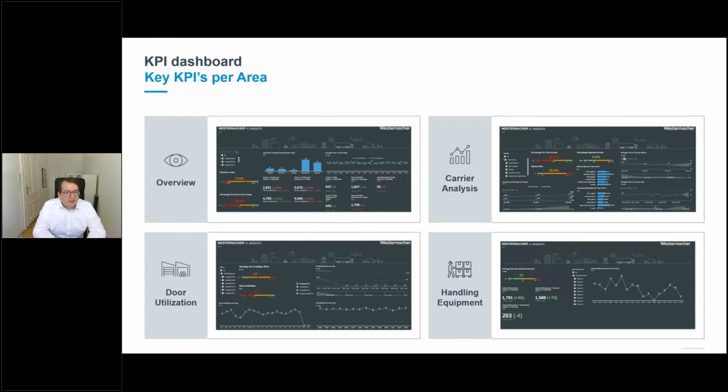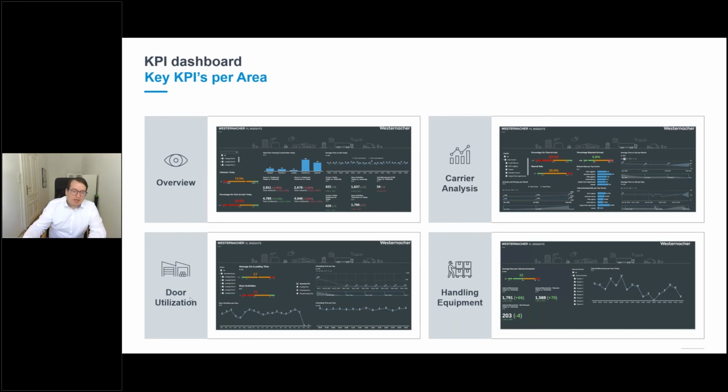And once again, these are our example views that you've just seen. First of all, the overview, with the latest or most important KPIs throughout the yard, and the carrier analysis in combination with transportation. You would see the performance of carriers, which could also be external contractors or external operators of transportation, for example.